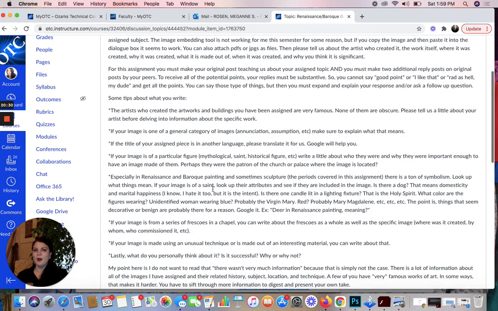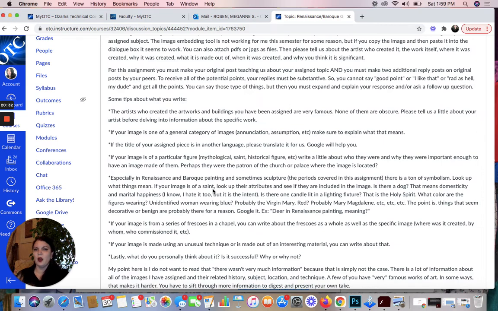And then some tips about what you write. The artists who created the artworks and buildings you've been assigned are very famous. I'm not picking any obscure people at all semester. These are all people about whom there's lots of information available. So please tell us a little bit about your artist before talking about the specific work. Where's your artist from?